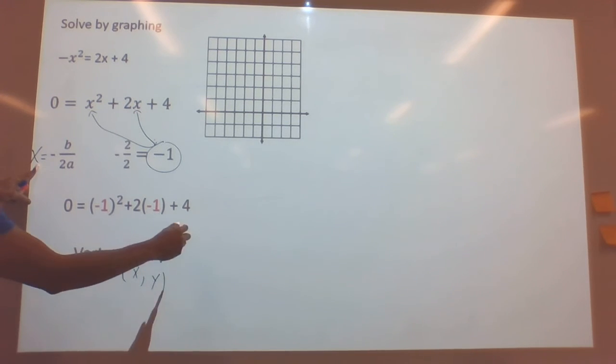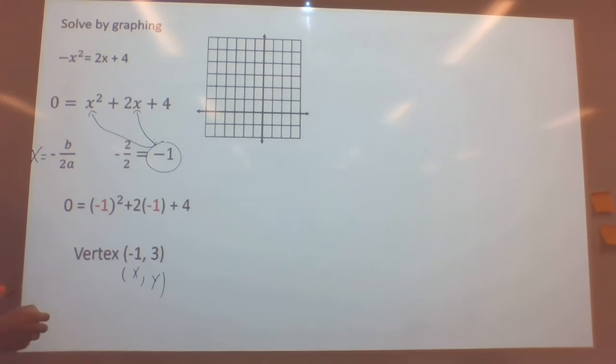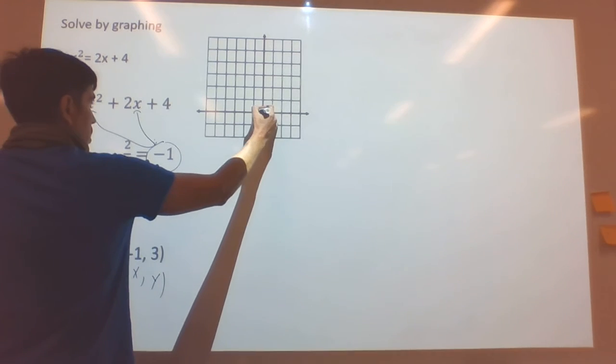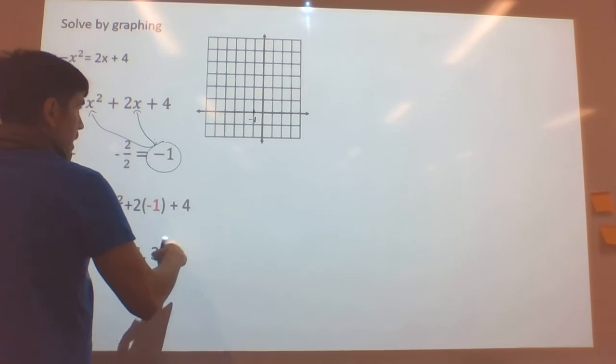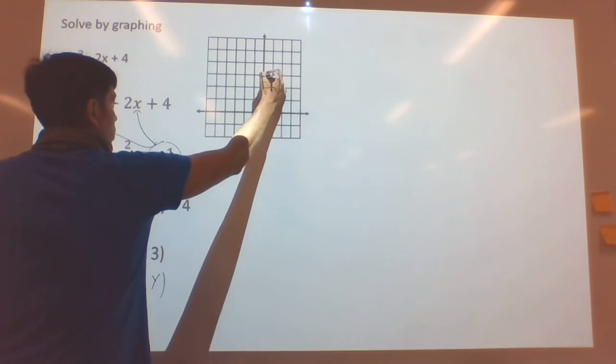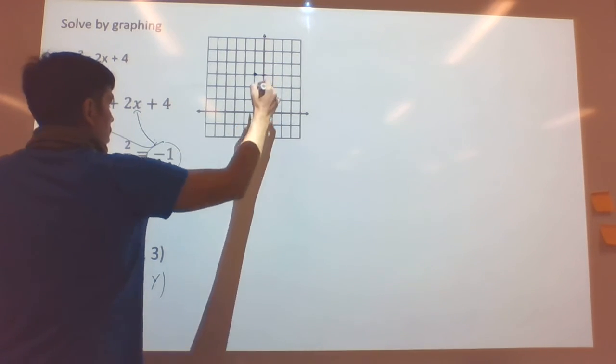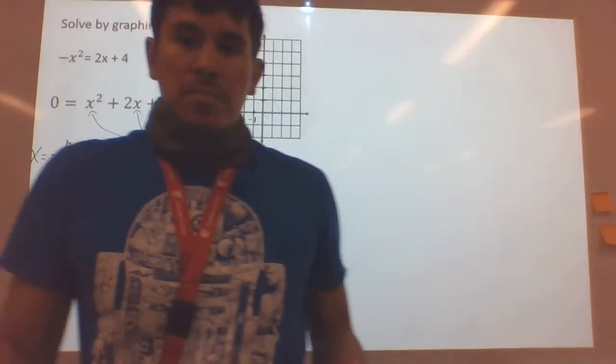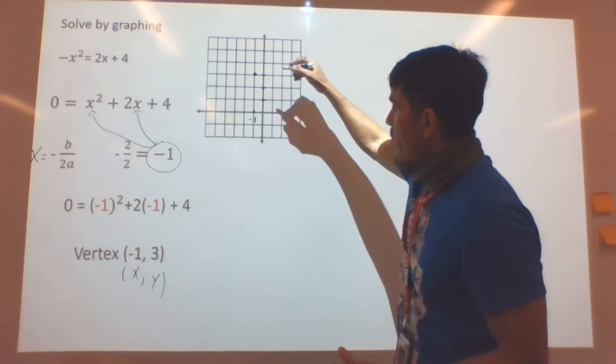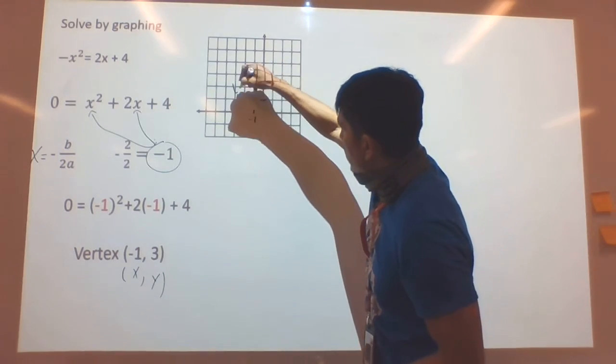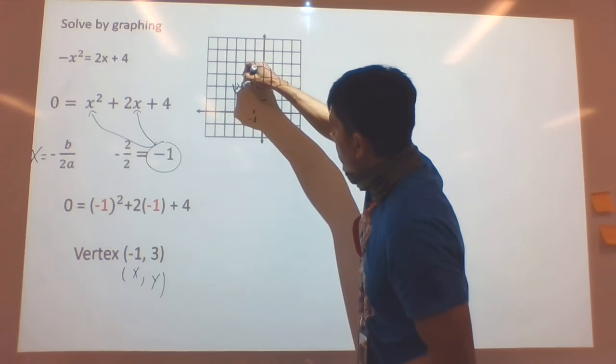So y, in this case, equals 3. So my vertex is going to be at negative 1, 3.